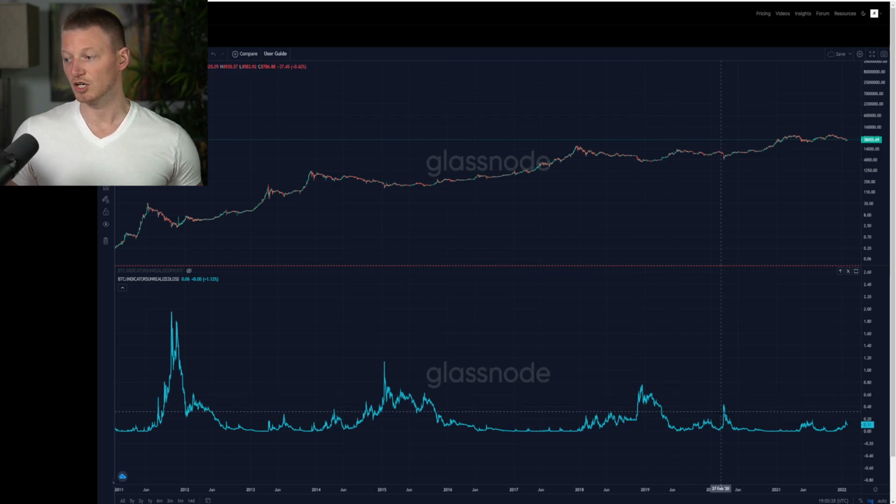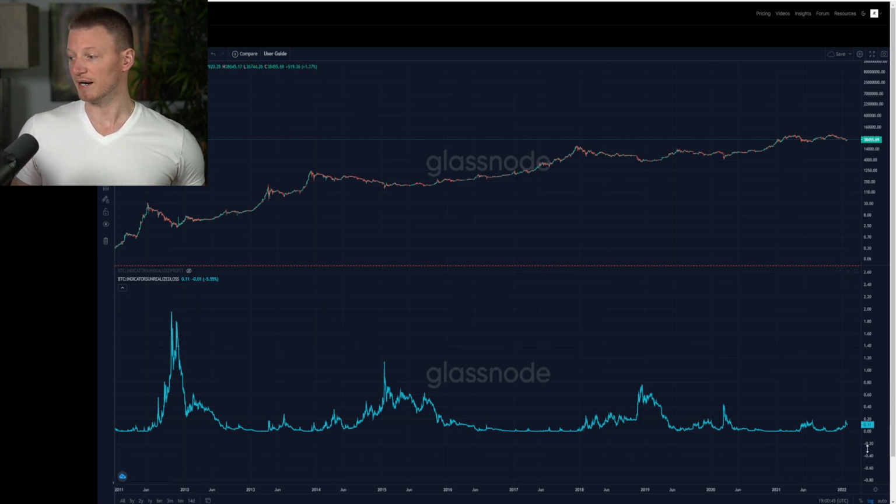It also spikes at the COVID capitulation event, although not to as severe a degree. This basically indicates that the average coin on the network is sitting at quite a large loss.